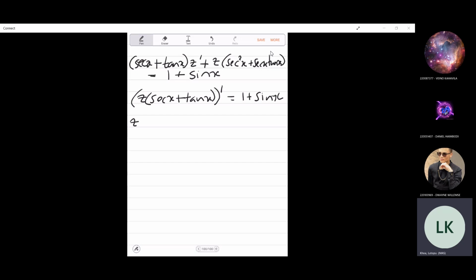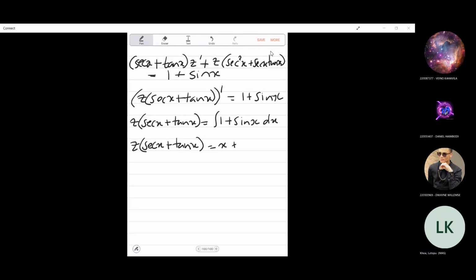So we have z (sec x plus tan x) is the integral of 1 plus sine x dx, which is x plus or minus cos rather, x.